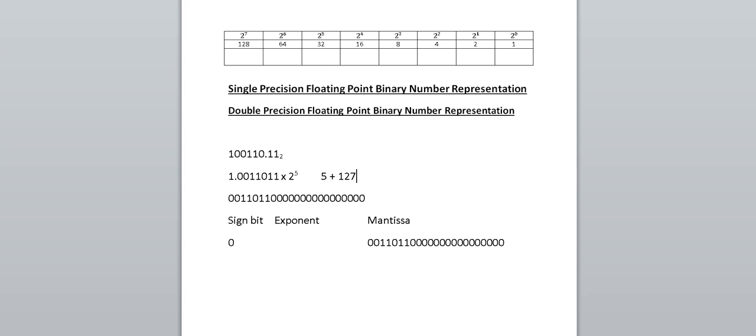The bias is always 127 for the single precision format. After that, we just add them, so that will be equal to 132. Next, since this is a decimal number, we are going to convert it into its binary.